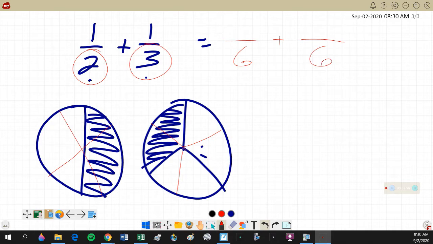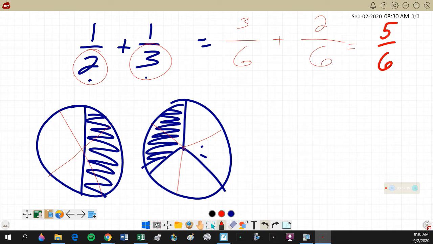How many sixths are here? 3. So 3/6. And then the other one? 2/6. And now I get 5/6. Wow, that's interesting.